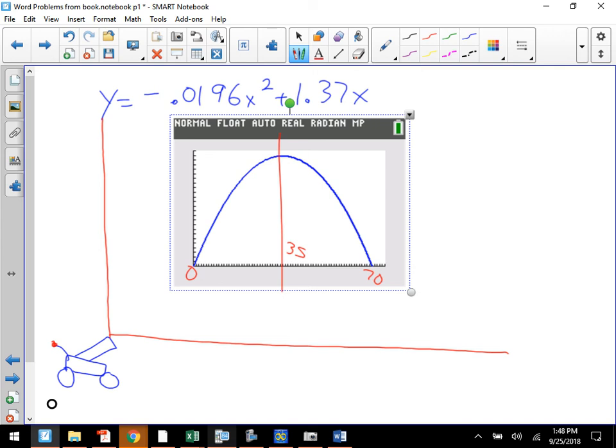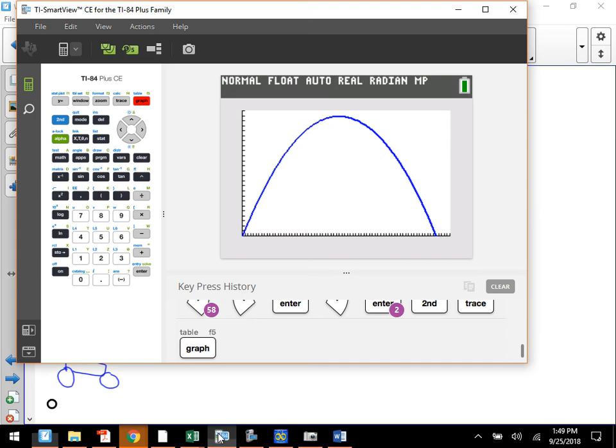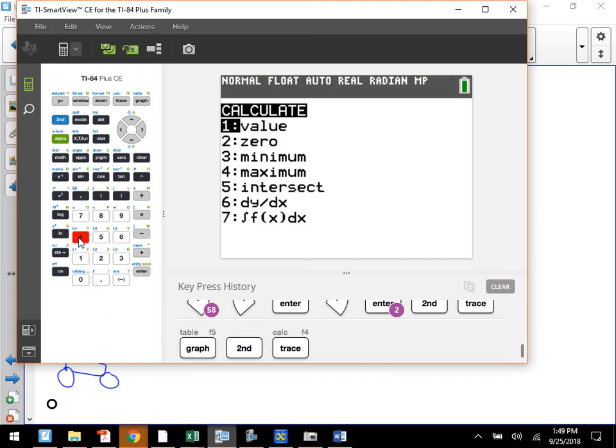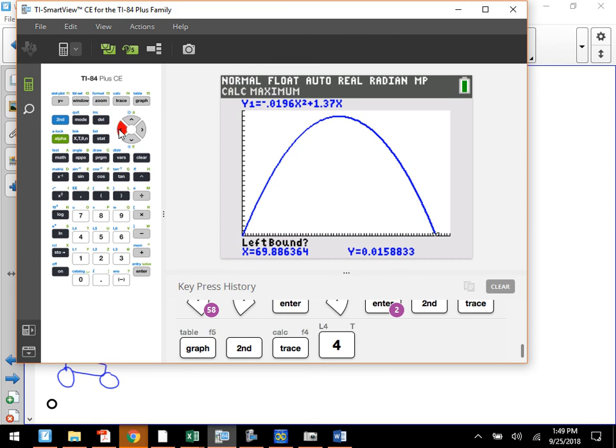Left boundary, right boundary, just like you did with the 0. If you did it with the calculator again, second, calculate 4 is your maximum. You just have to move your cursor back to the left of where it looks like the peak was.